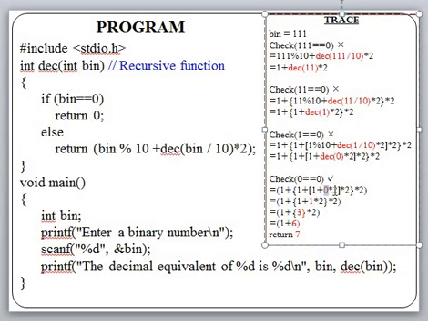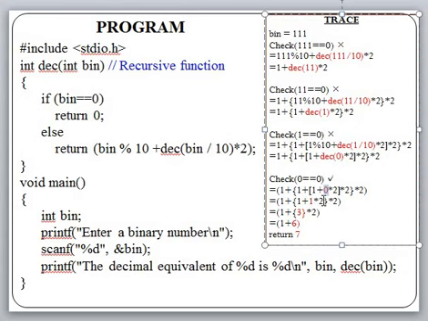So when we remove the innermost bracket, it is nothing but 0 into 2. It is 0 plus 1, which is 1. So altogether in the flower bracket it is 1 plus 1 into 2. When we remove this bracket, it is 1 into 2. Multiplication has higher precedence over addition.